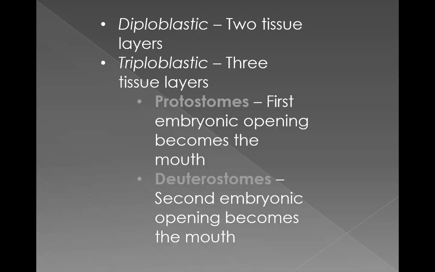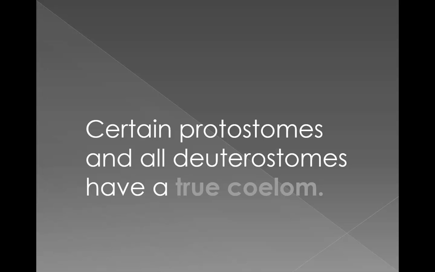Protostomes, that first embryonic opening becomes their mouth. Deuterostomes, they are going to have 2 embryonic openings, and one of them becomes the mouth, and of course the other one is the anus. Certain protostomes and all deuterostomes have a true coelom, and a coelom is a body cavity.